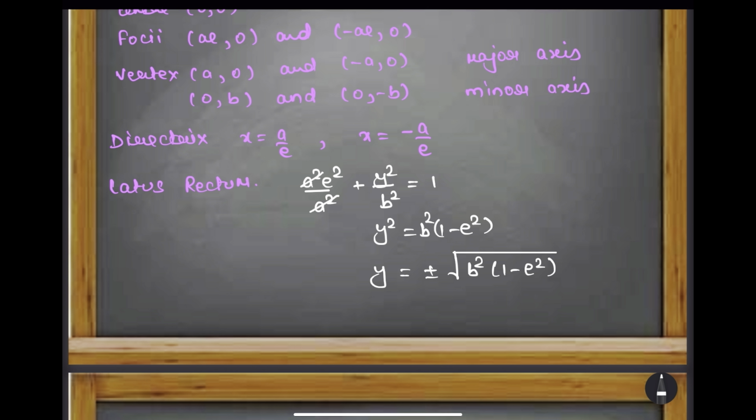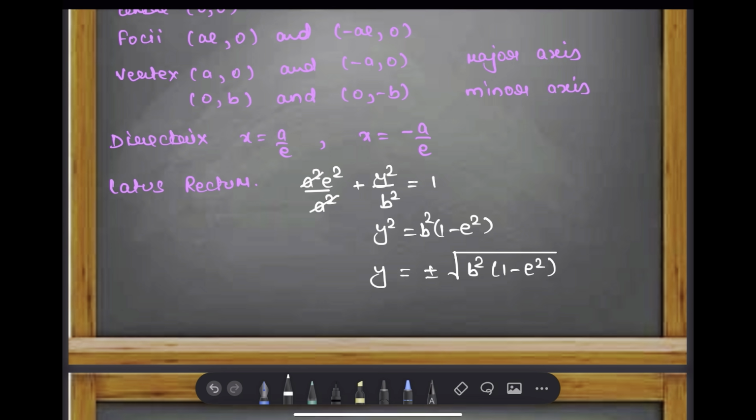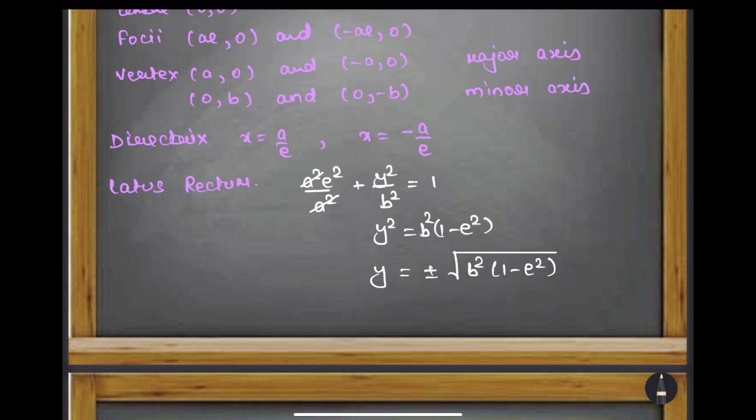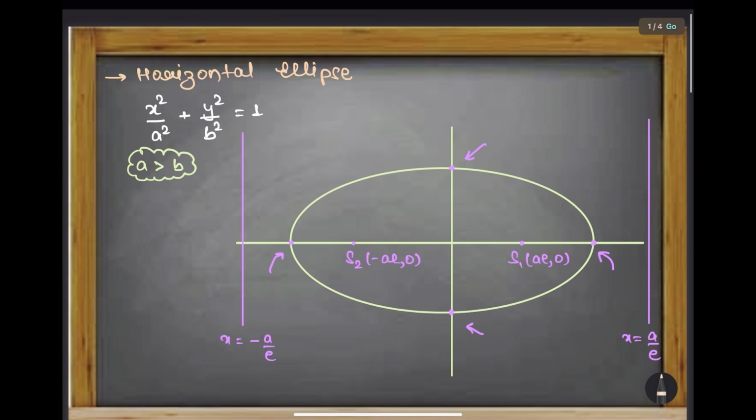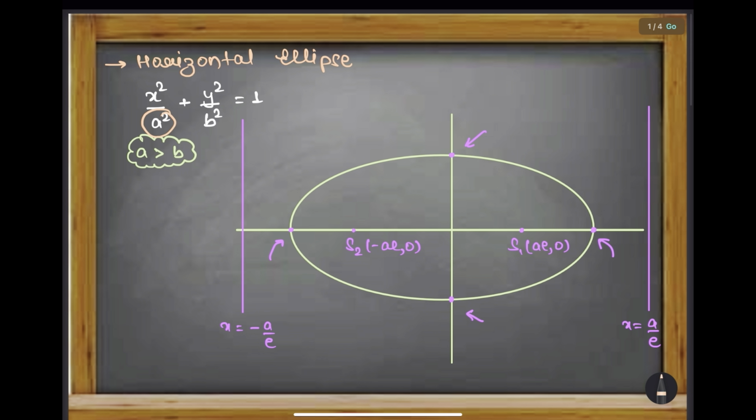Now if you have observed in this part, we have extensively used a, which is below x square, b, which is below y square, and also we have used e.